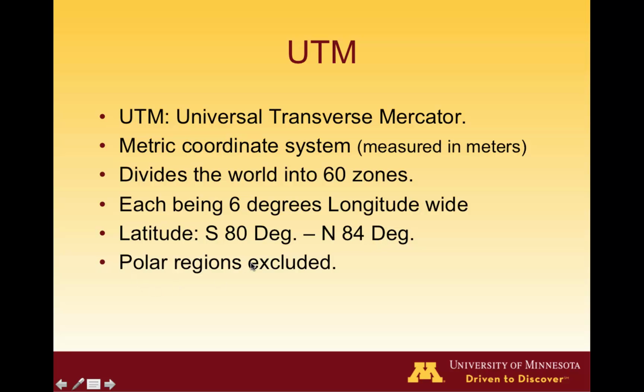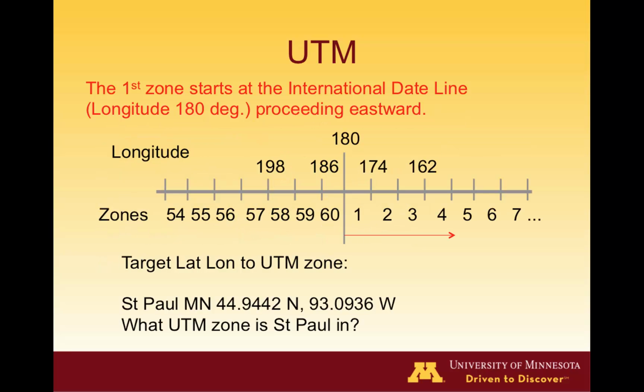The polar regions are excluded from UTM. The polar regions use other coordinate systems instead of UTM. The first UTM zone starts at the international date line, which is longitude 180 degrees, proceeding eastwards.